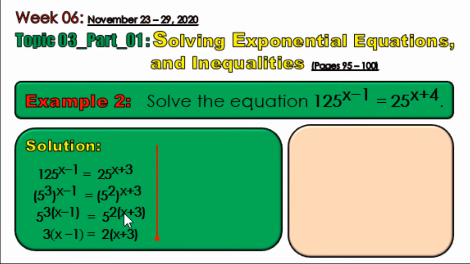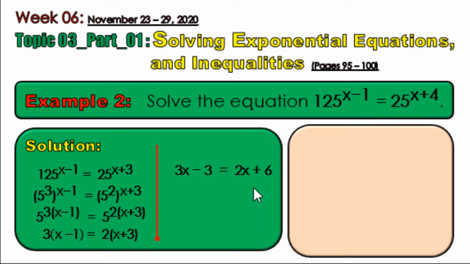These are the two exponents. Since we have the same bases, we can now equate the two exponents, and we can multiply by distributing 3. So we have 3 times x is 3x, 3 times negative 1 is negative 3, and 2 times x is 2x, and 2 times 3 is positive 6.